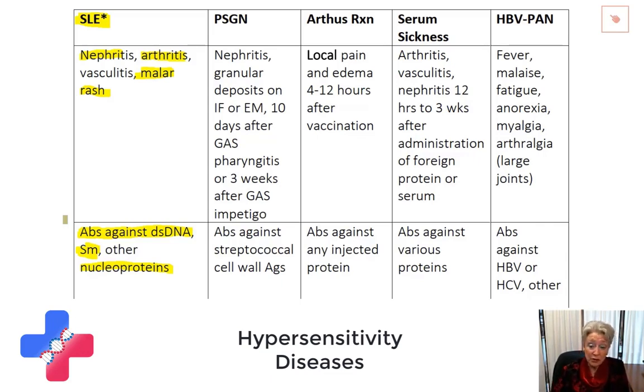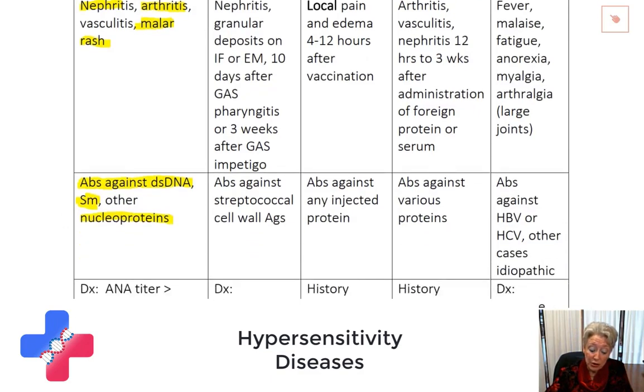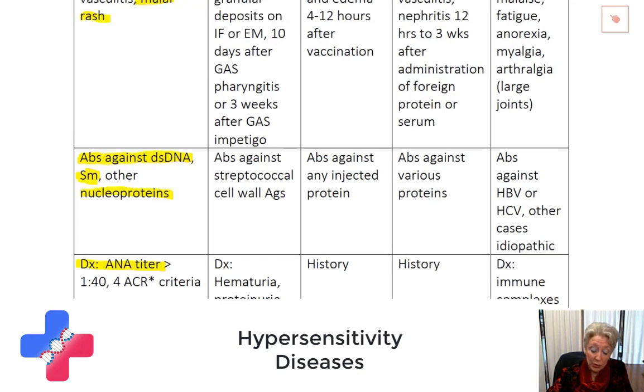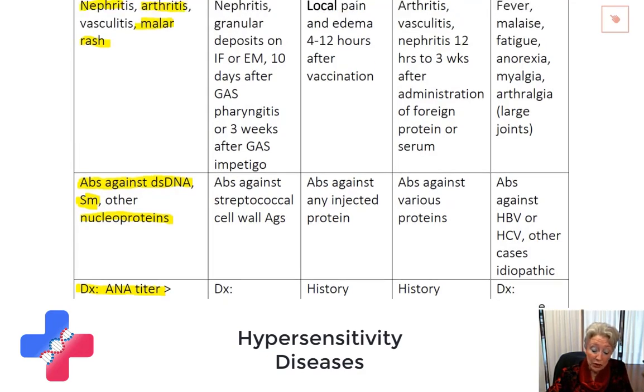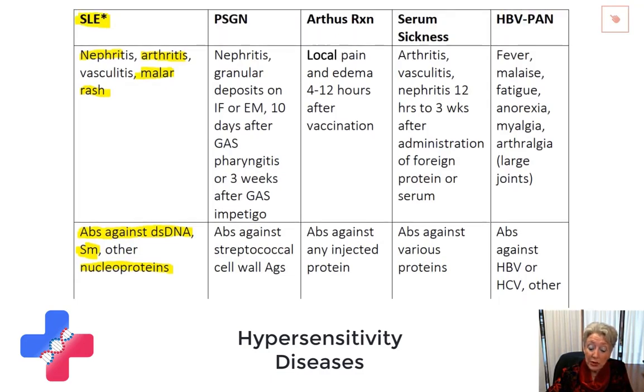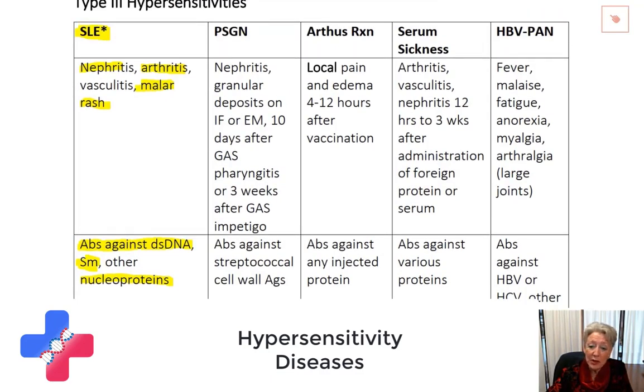And once it begins, of course, any death of any cell anywhere in the body is going to add more of that immunogen into the situation. I diagnose it by finding anti-nuclear antibodies, and of course there are criteria that are put forth by the American College of Rheumatology that are going to be more than would be expected to be tested on the Step 1 exam.